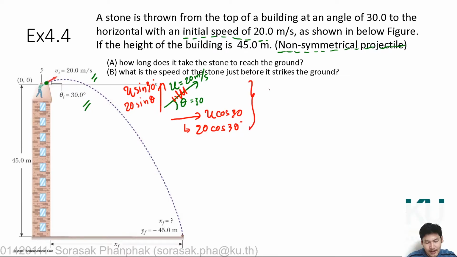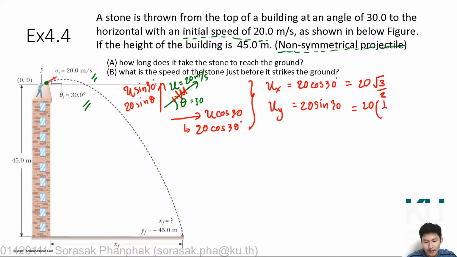Cos 30 is root 3 over 2, right? And sine 30 is 1 over 2, so I get 20 times root 3 over 2 and 20 times 1 over 2. So finally I get 10 root 3 meters per second, and also 10 for the y component. These are the initial velocities in each component.